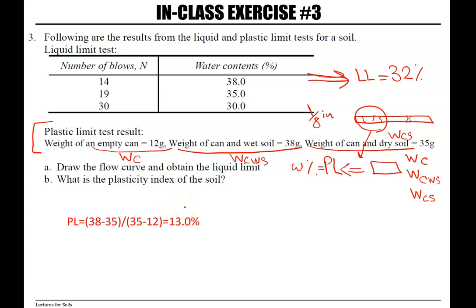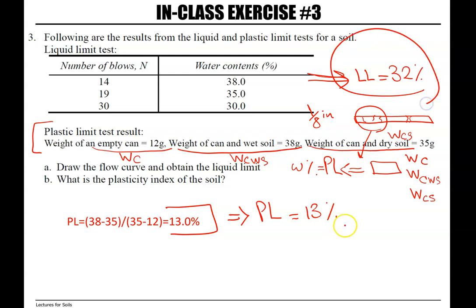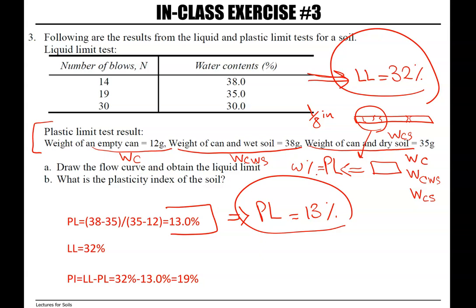You put them in the formula and you have your plastic limit. Knowing liquid limit and plastic limit, you can calculate the plasticity index as liquid limit minus plastic limit, which is 19%.